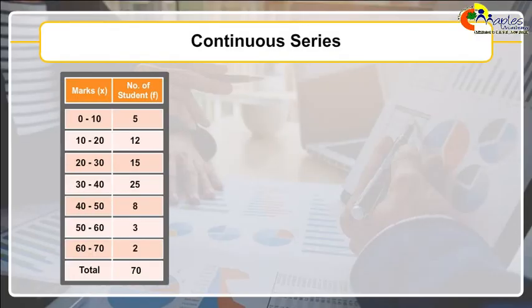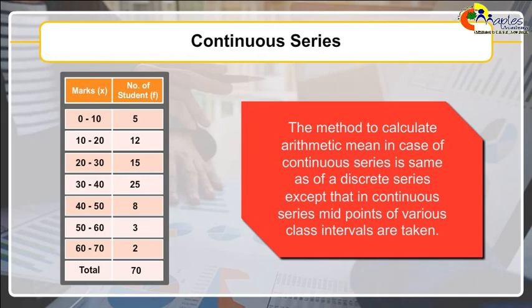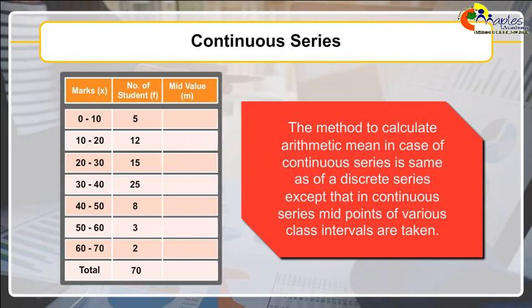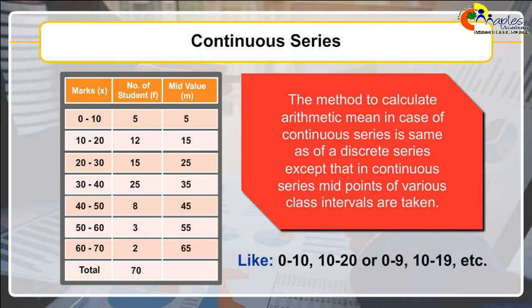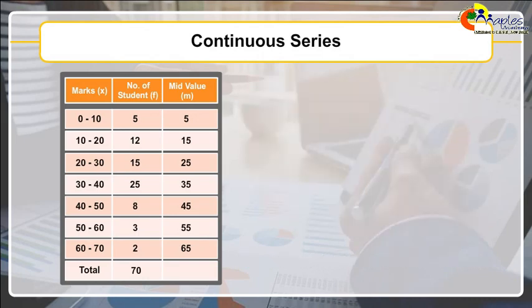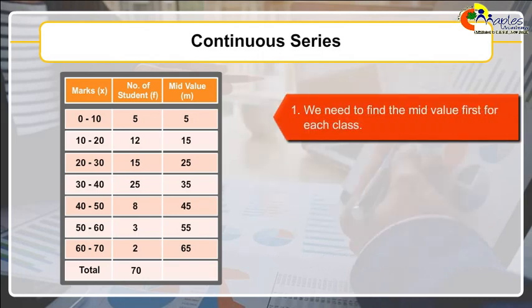Continuous series. The method to calculate arithmetic mean in the case of a continuous series is the same as for a discrete series, except that in a continuous series, midpoints of the various class intervals are taken, like 0 to 10, 10 to 20, or 0 to 9, 10 to 19, etc. Direct method. We need to find the mid value first for each class.